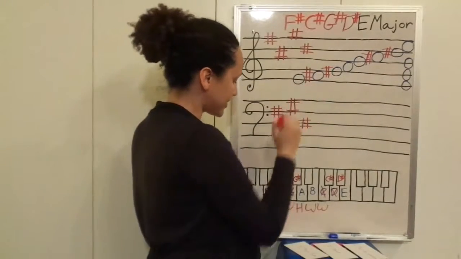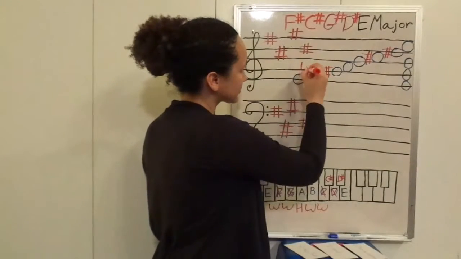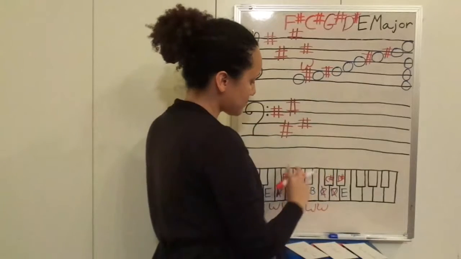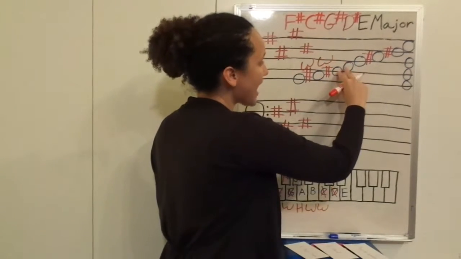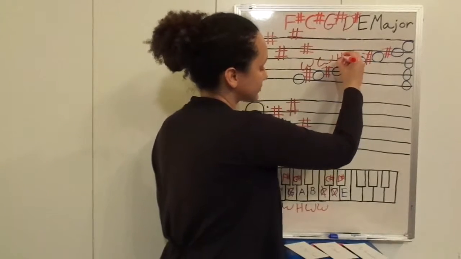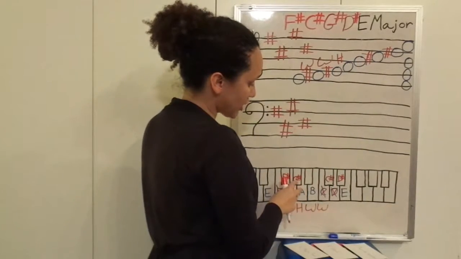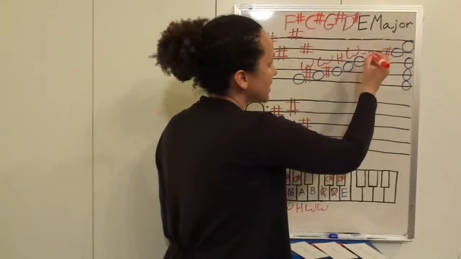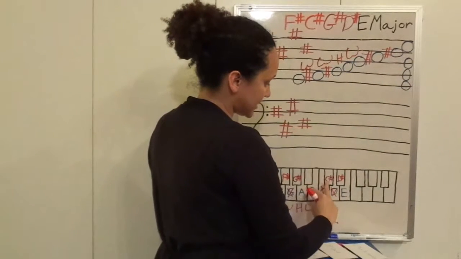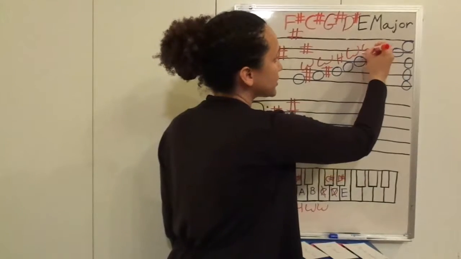So, whole step, the note in between, half step, from the G sharp to the A. A to B is whole step. B to C sharp, it has the C in between, so that's a whole step.